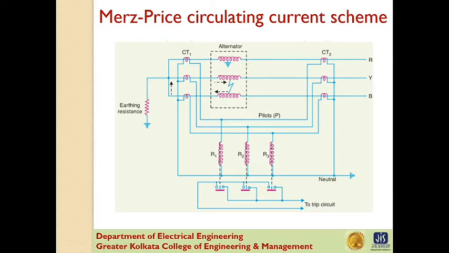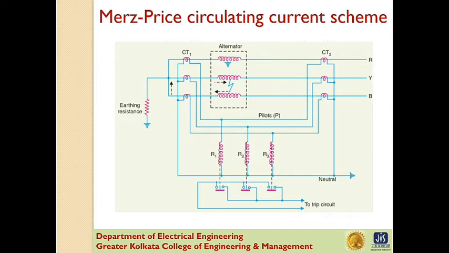The secondaries of each set of current transformers are connected in star. The two neutral points and corresponding terminals of the two star groups are connected together by means of a 4-core pilot cable. Thus, there is an independent path for the current circulating in each pair of current transformers and the corresponding pilot.